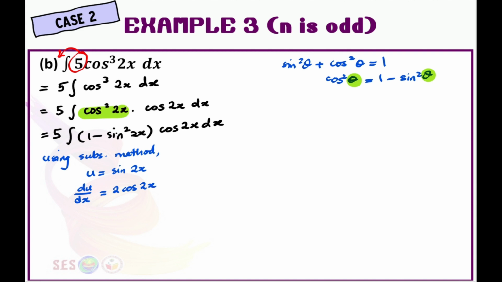So I'm going to rearrange du dx to get cos 2x dx. I transfer dx to the other side and 2 to the left-hand side, and I will get du over 2 equals cos 2x dx. So I'm going to substitute du over 2 for cos 2x dx in the integration.